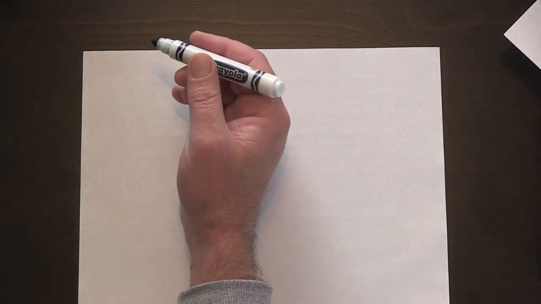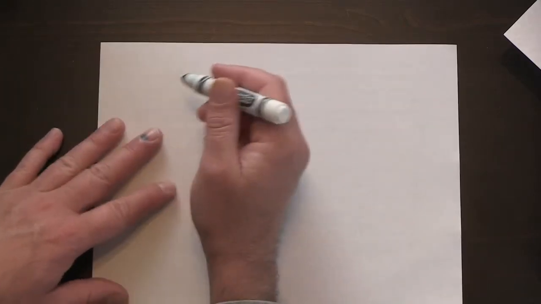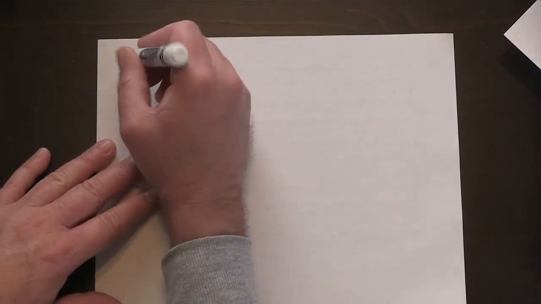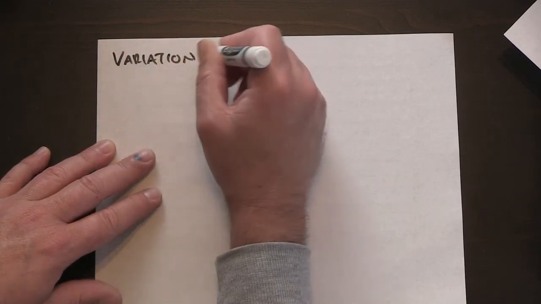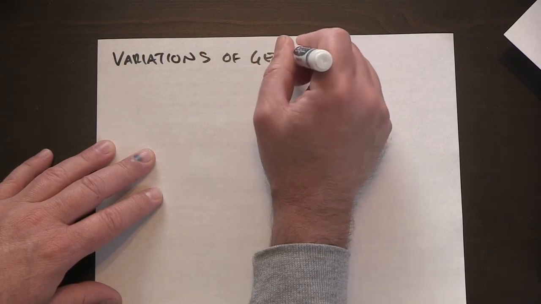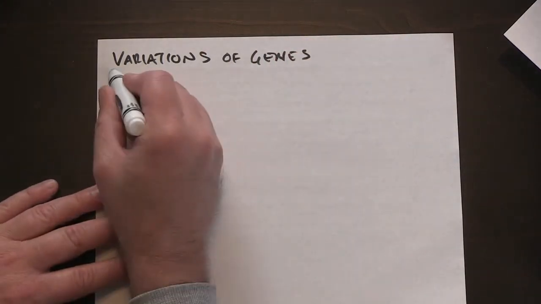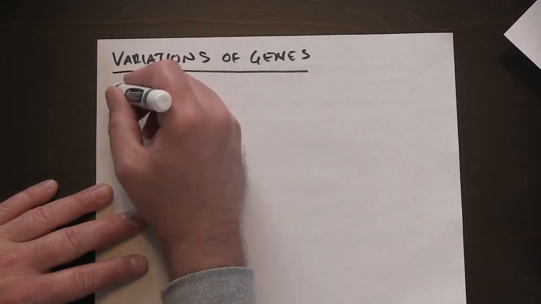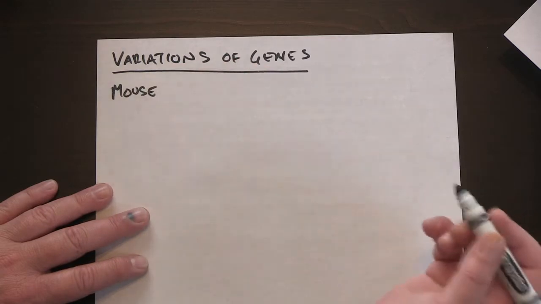So let's take a side step here real quick and talk about variations of genes. For an example, we're going to look at mouse characters.